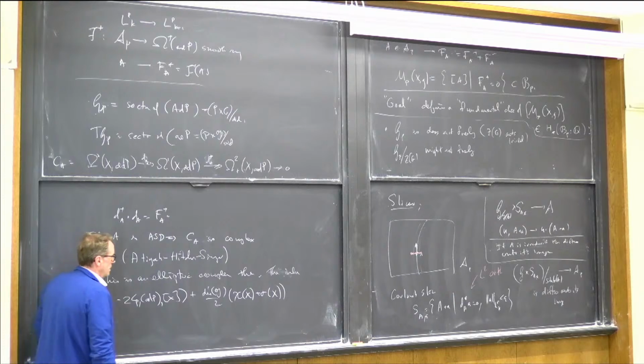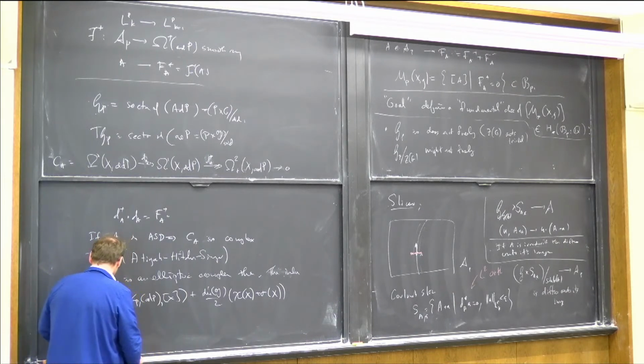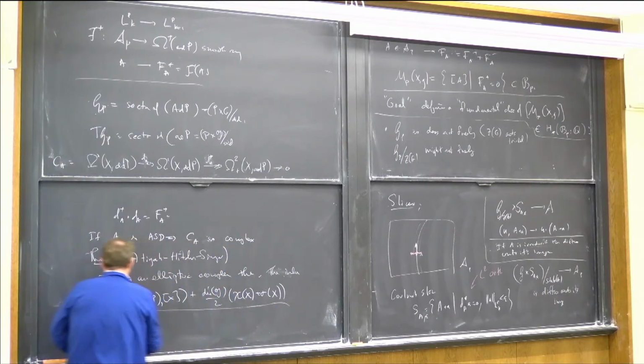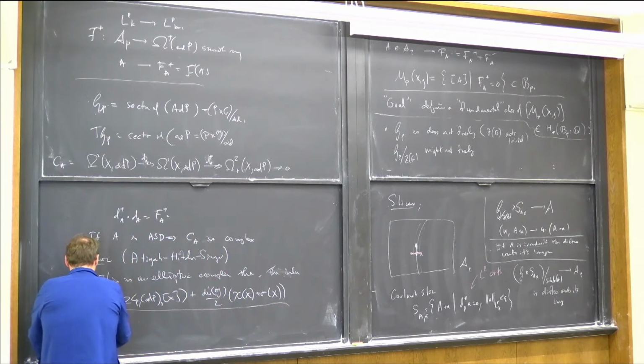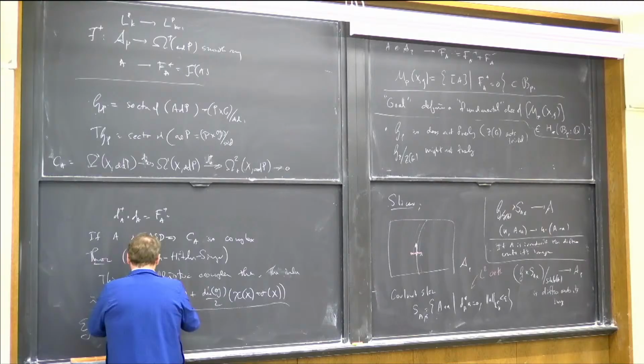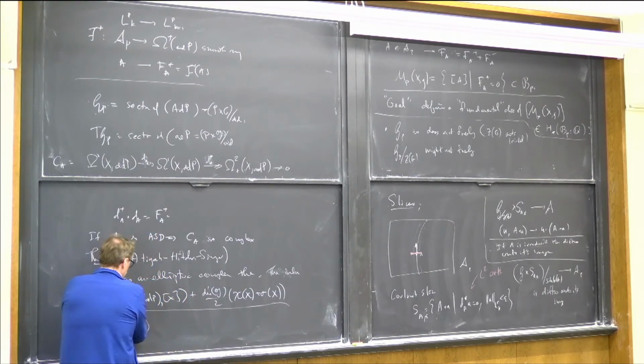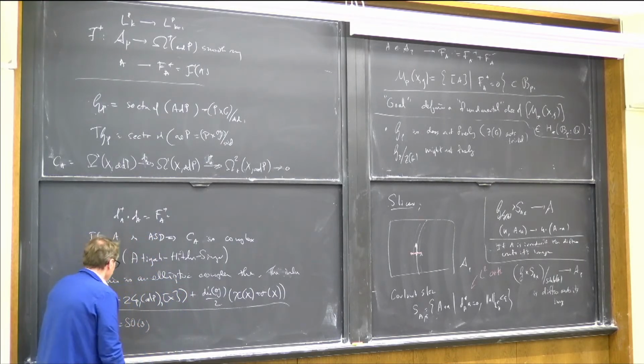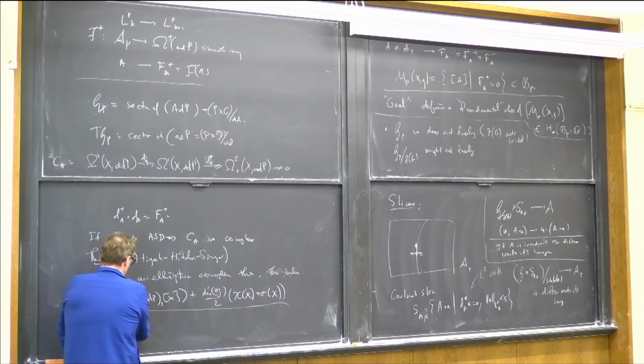All right. Now, e.g., if G is SO3, then the fundamental representation and the adjoint representation are the same.